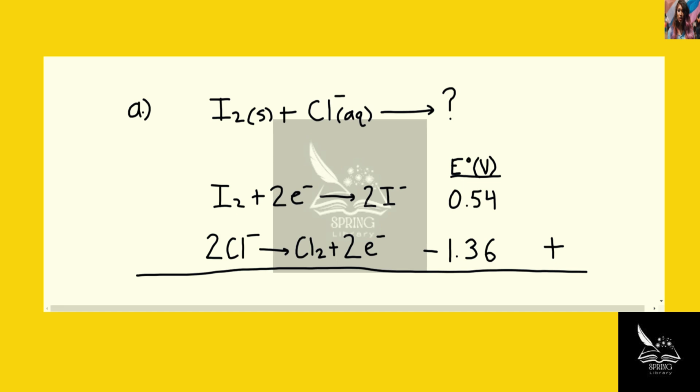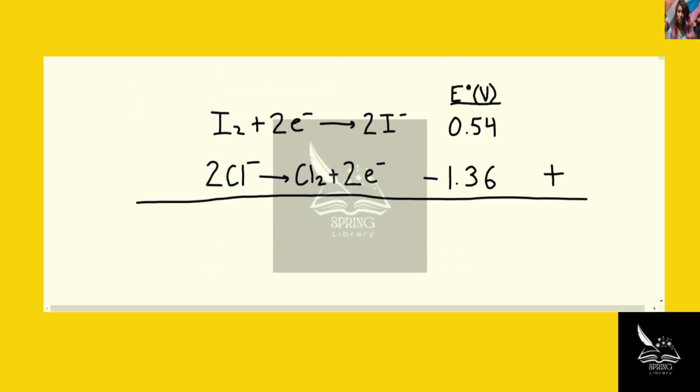So we can look up the 2 half reactions from our standard reduction potentials table, and we know that we have I2 being reduced, and we also have Cl minus being oxidized to Cl2. So we have to flip the sign of the reduction potential for that half reaction, and when we do that, we can now combine these 2 equations to find the overall cell potential.